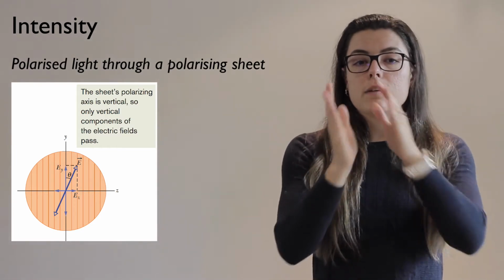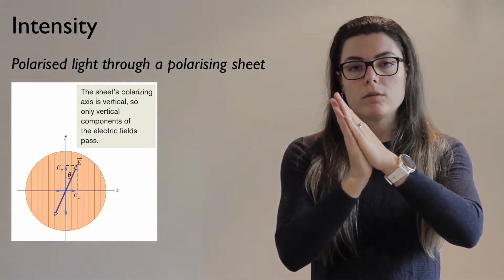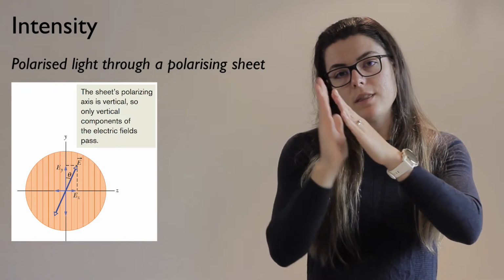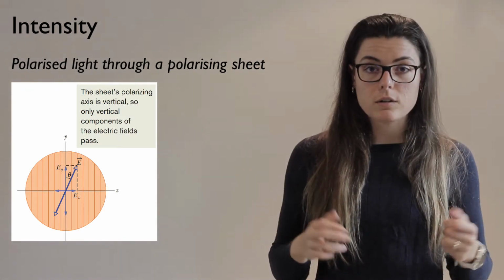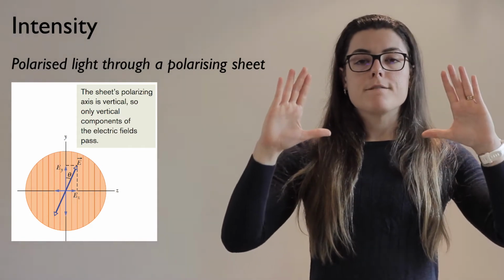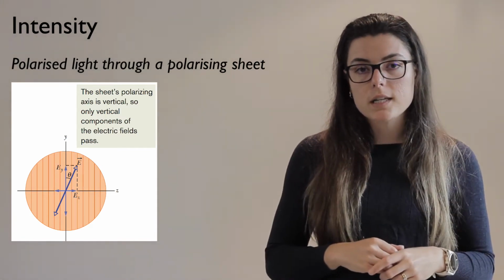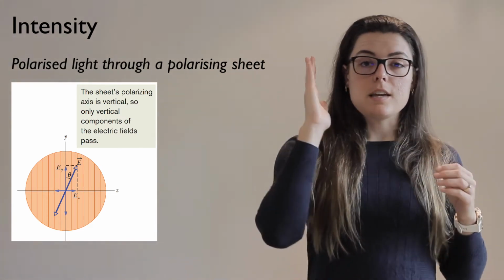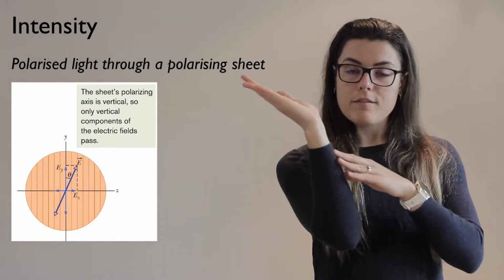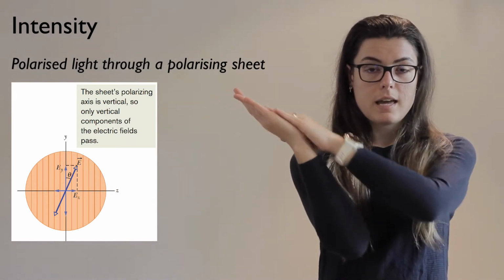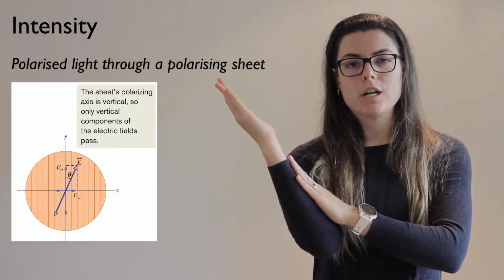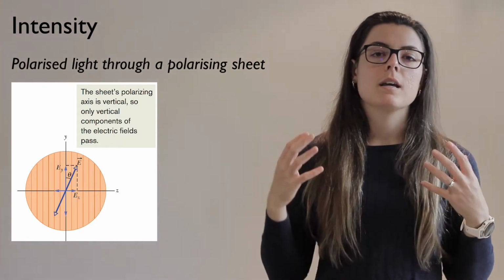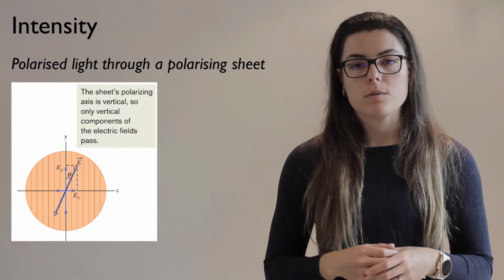For example, if we have light that is polarized in a direction that is an angle theta from the vertical axis, and we have a vertical polarizing sheet, only the vertical component of that vector is going to get through the polarizing sheet.